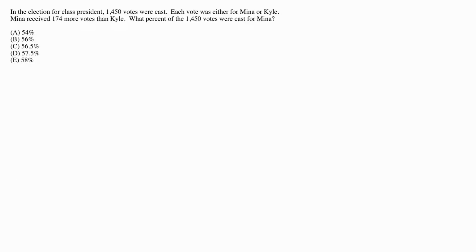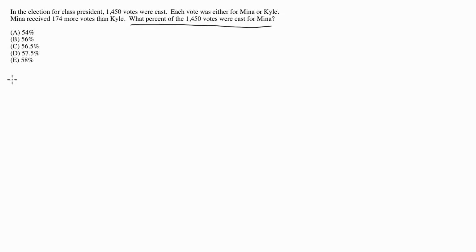For this problem, we're going to underline what we need to know, what the question's asking: what percent of the 1,450 votes were cast for Mina? If we want to know that percent, all we're going to do is write a ratio.